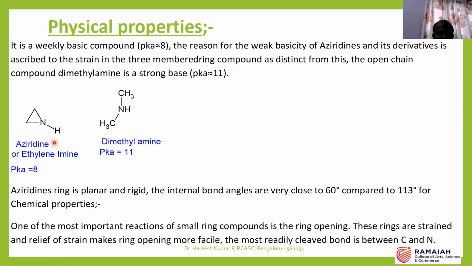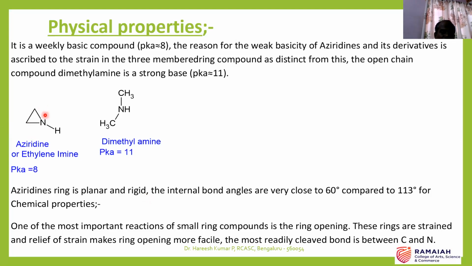Then what will happen? There will be a ring opening. That means it is no longer the three-membered ring; it will be converted into an open chain compound. These rings are strained. Since I mentioned that three-membered rings are more strained, they tend to come out from the strain.